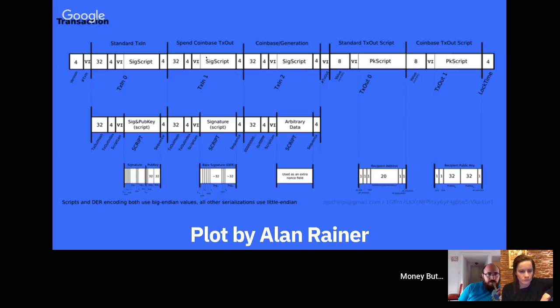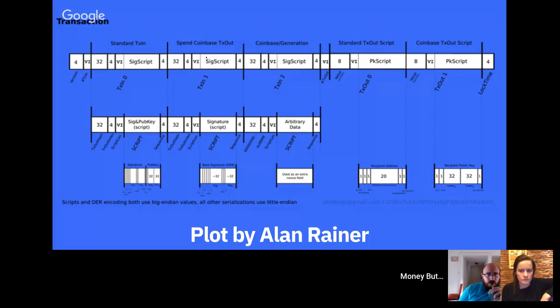The first input has some numbers, which is the output hash that it's referring to. It has the output index number, then the length of the script, then a script, and then a sequence number. So the different parts there are the output hash, TX output index number, script length, script, and sequence number. And that's in the input.